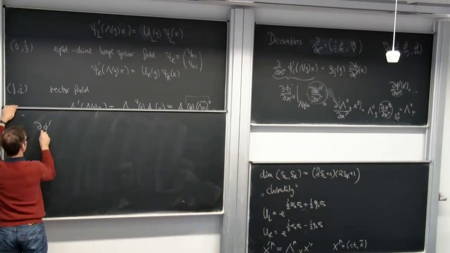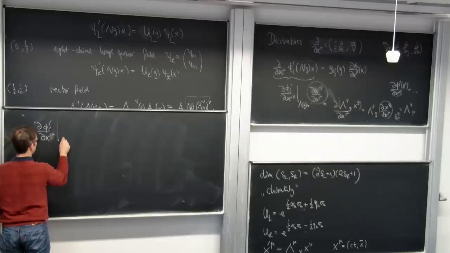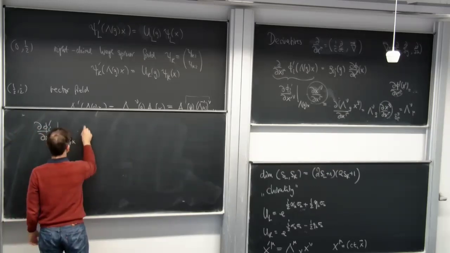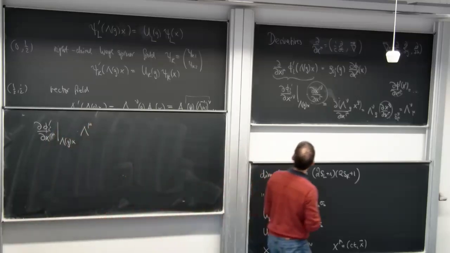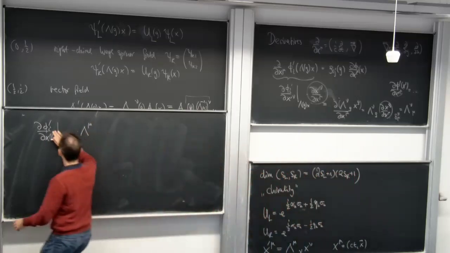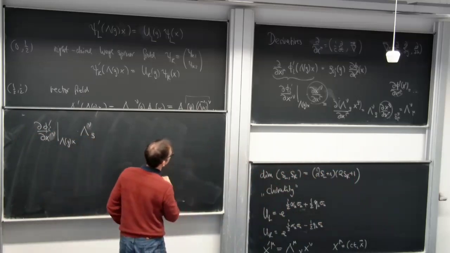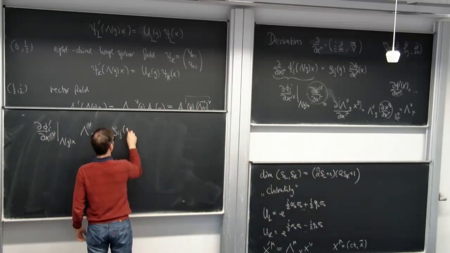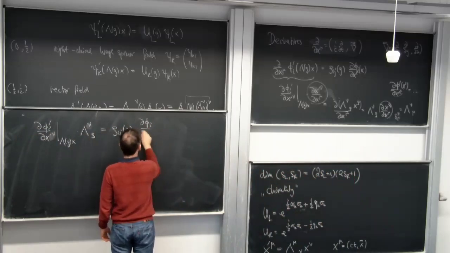It's the transformed derivative d phi I prime by dx prime mu at lambda x, equal to this thing, lambda mu rho, times d phi I by dx rho.